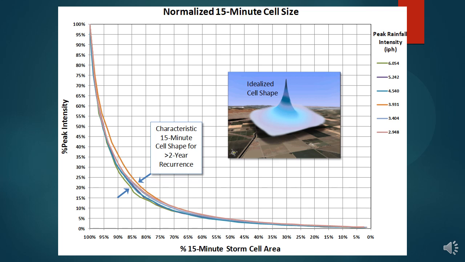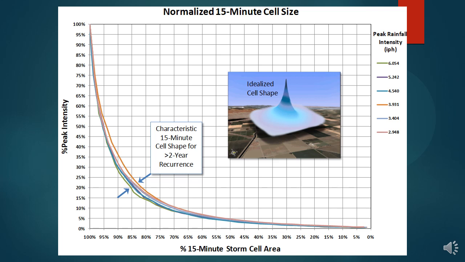Well, let's arbitrarily pick the 50% level. If we draw a line about halfway up our peak intensity on our idealized cell shape, and then project down to the ground, that's the area that would be under the highest 50% intensity of our storm cell.